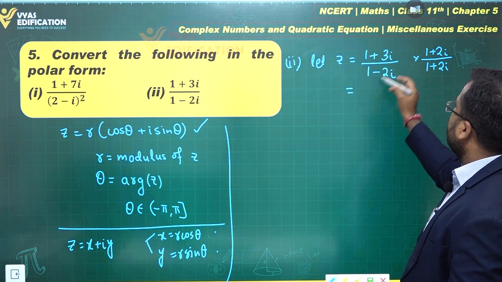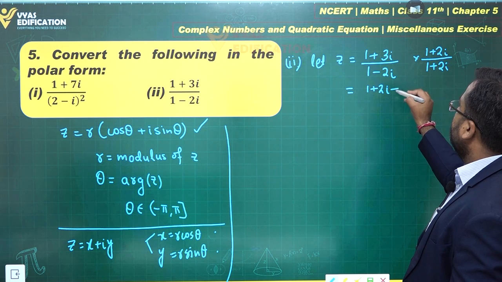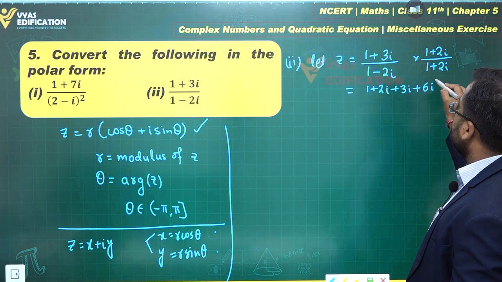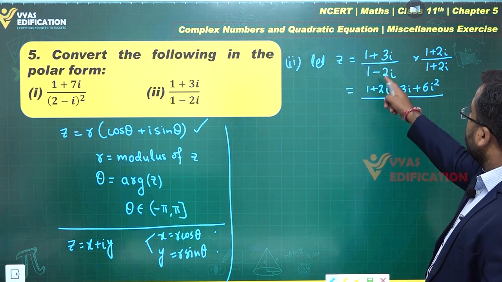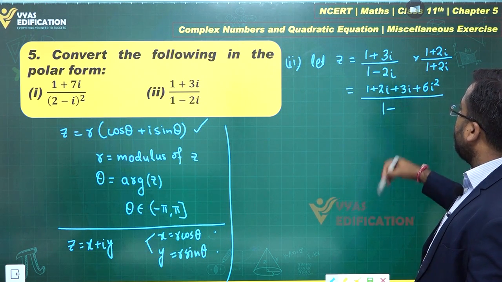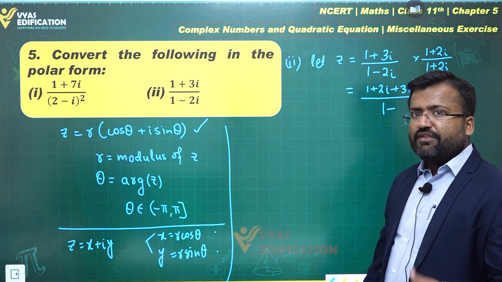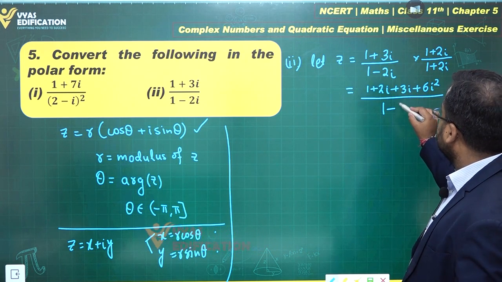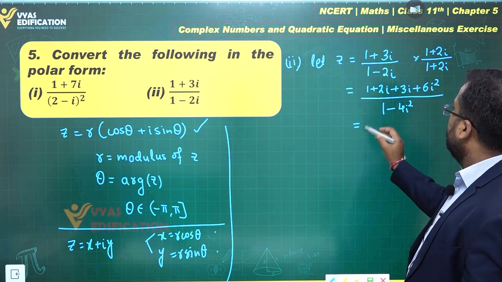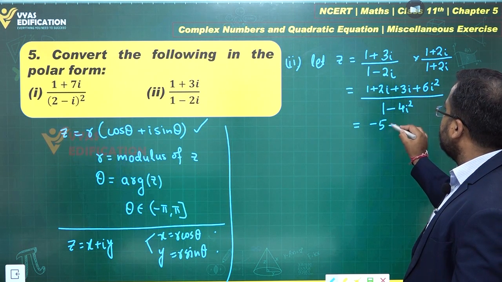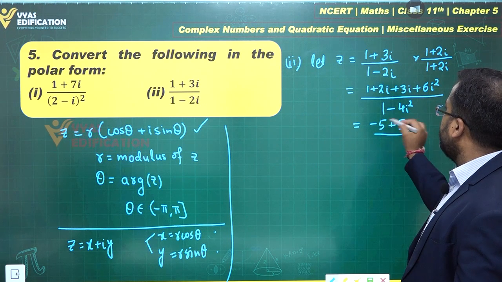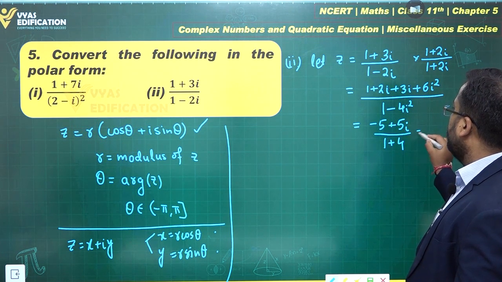On multiplying, what you get in the numerator is 1 plus 2i plus 3i plus 6i square. Denominator will be giving me 1 square minus 2i whole square, which is minus 4i square. This will give me minus 6 plus 1, which is minus 5 plus 5i, whole divided by 1 plus 4.